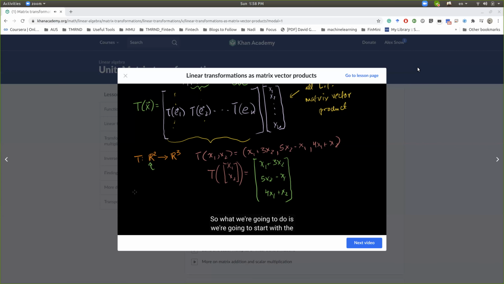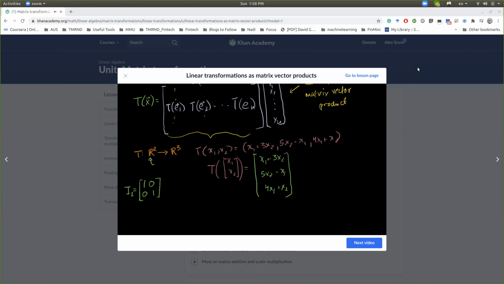What we're going to do is start with the identity matrix, I2, because that's my domain, and it just looks like this: 1, 0, 0, 1. And all I do is apply my transformation to each of the columns, each of my standard basis vectors. These are the standard basis for R2, right?